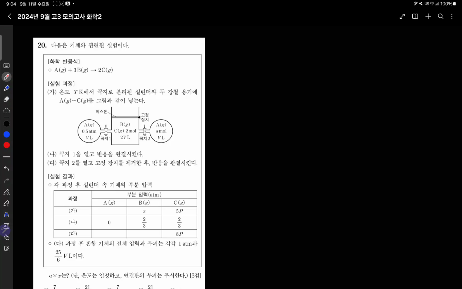And before the reaction, partial pressure of gas C is 5 times P, and partial pressure of gas B is X. After the first reaction, all of gas A is consumed, and the same amount of gas B and C is present.